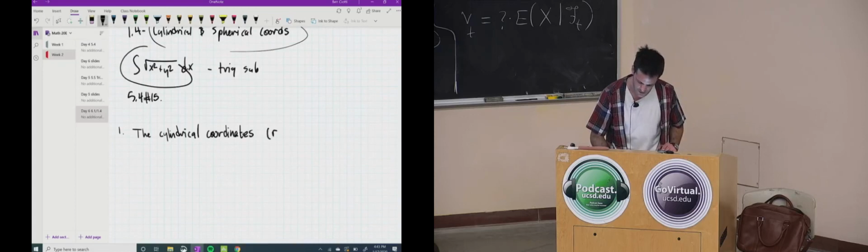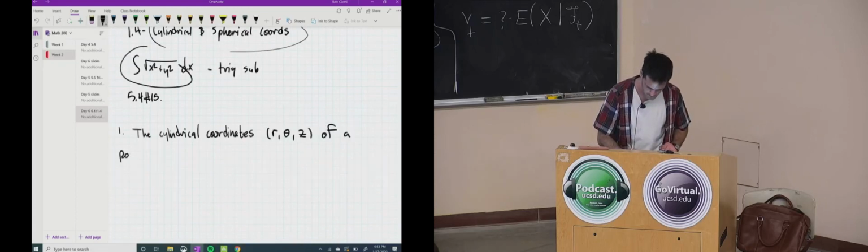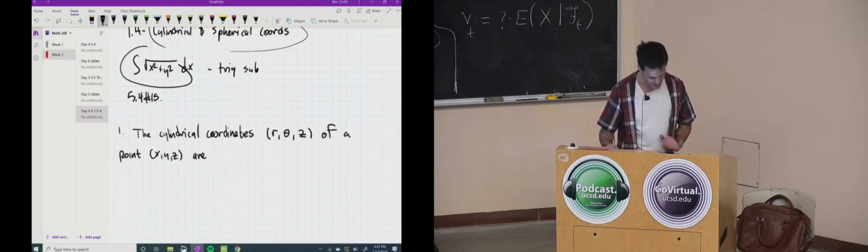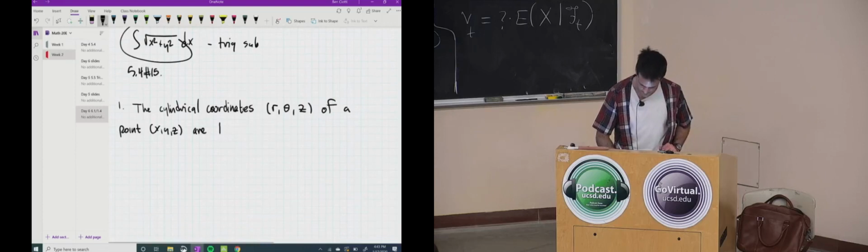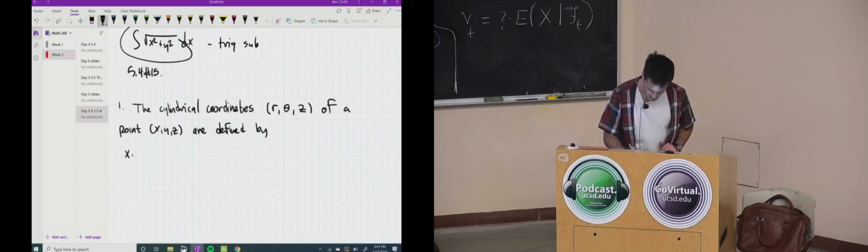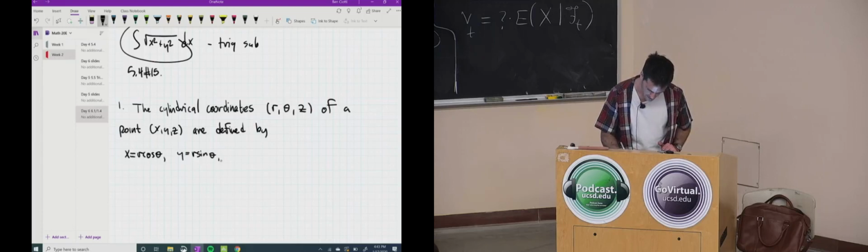Cylindrical coordinates are given in terms of r, theta, and z of some point x, y, z. They're defined as follows: x is r cos theta, y is r sine theta, and z is just the same as it was. Z doesn't change.